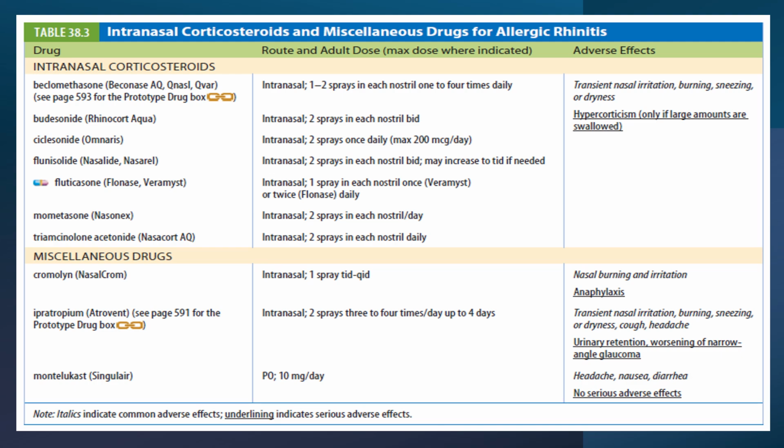Cromolyn is called a mast cell stabilizer. Most effective when given prior to allergen exposure, cromolyn has few adverse effects. Other alternatives to the intranasal corticosteroids in treating allergies would include your Montelukast Singulair and your Ipratropium Atrovent. Those are the very common types of your miscellaneous drug.